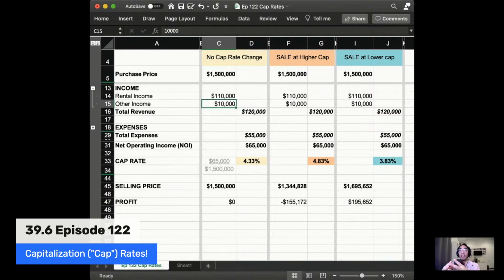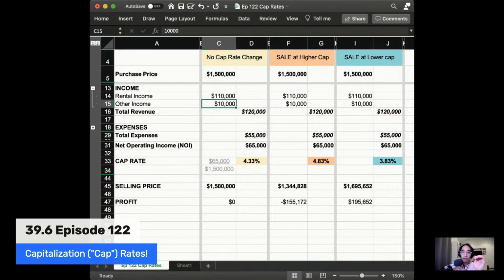Okay, so if you buy a $1.5 million property and you have a 4.33% cap rate, you simply multiply 4.33% times the purchase price of $1.5 million. Your net operating income would be $65,000. Basically, you buy $1.5 million in cash, you can expect to get $65,000 given to you every year in cash flow because there's no mortgage if you bought it with cash.